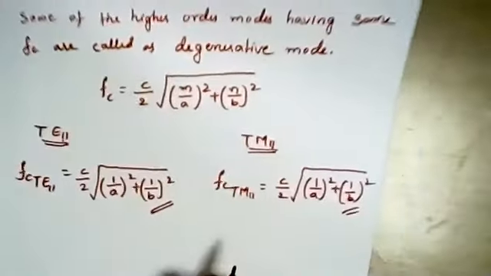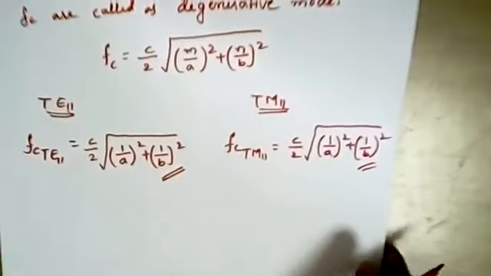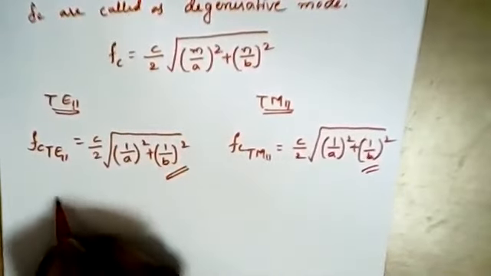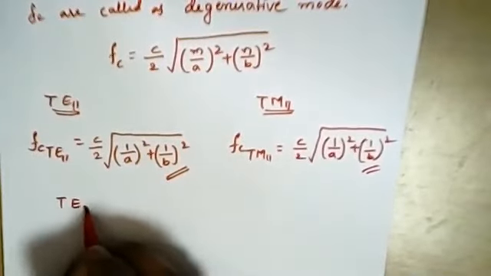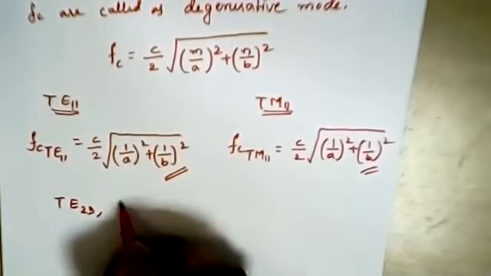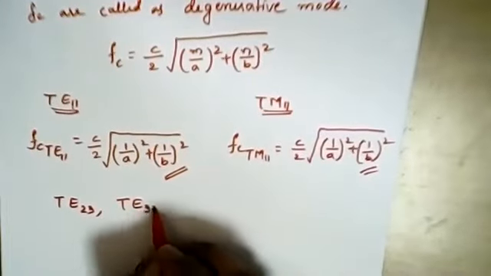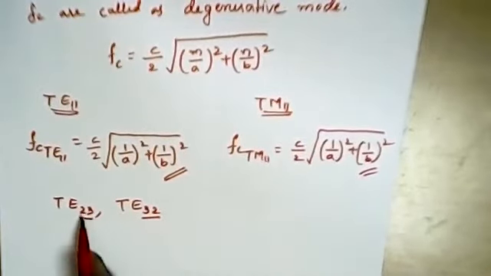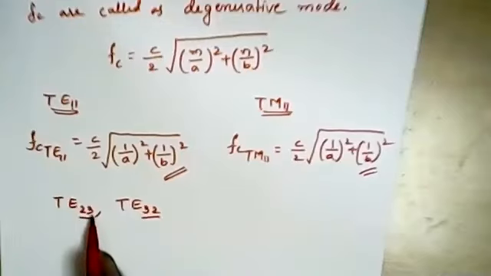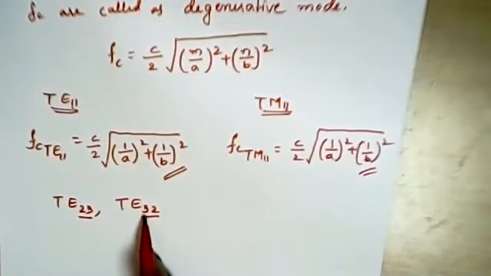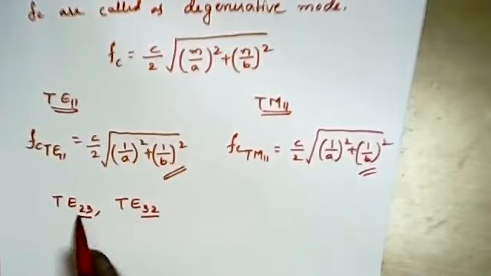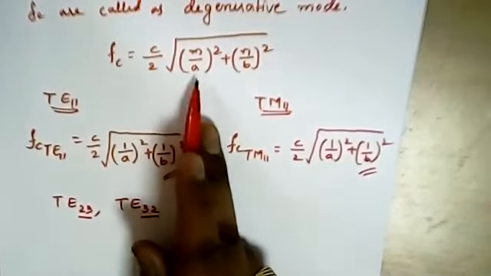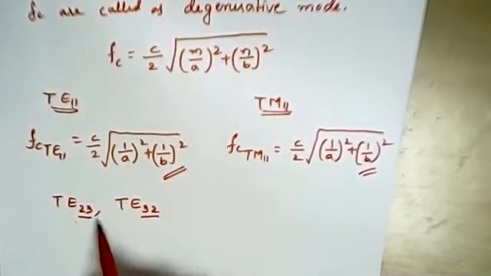Apart from that, we have other modes too, something like TE23 and TE32. You can see that these two are equal. M is equal to 2 in one case and N equal to 3, whereas here M equal to 3 and N equal to 2 in the other case. Hence, if we substitute these two values in the above expression, we will get the same cutoff frequency for these two modes.